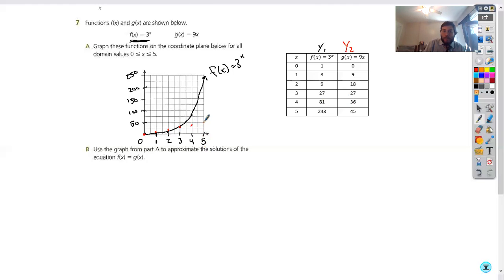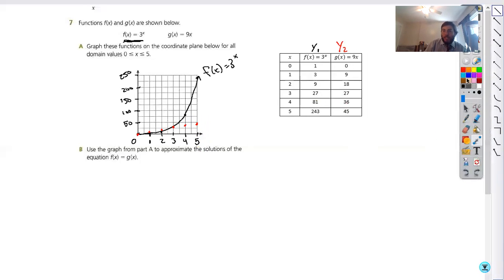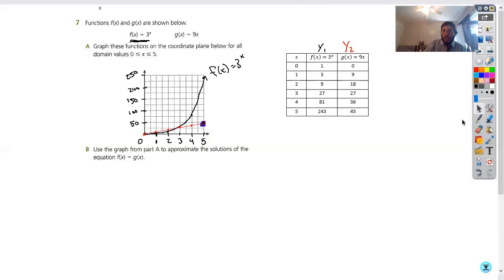And then 5 is 45. Then for this one here, it's a linear function, so I'm going to do my best to draw a line here. All right, so this line's a little bit higher than it should be. Let's see if we can bring it down a little bit. All right, so this is our function here. Now if we're labeling it, this is g of x equals 9x. So these are two graphs, just graphing those tables onto here.